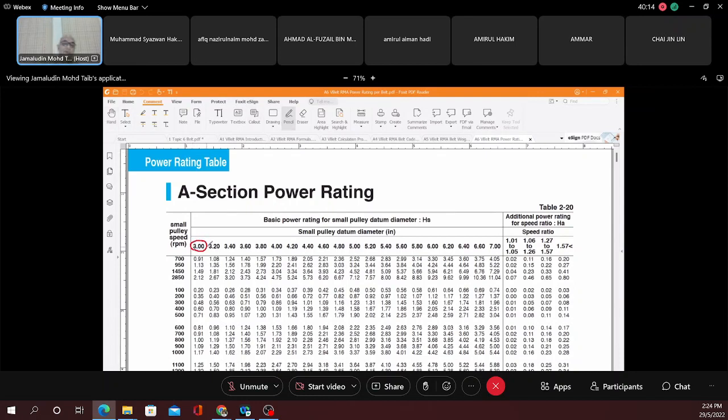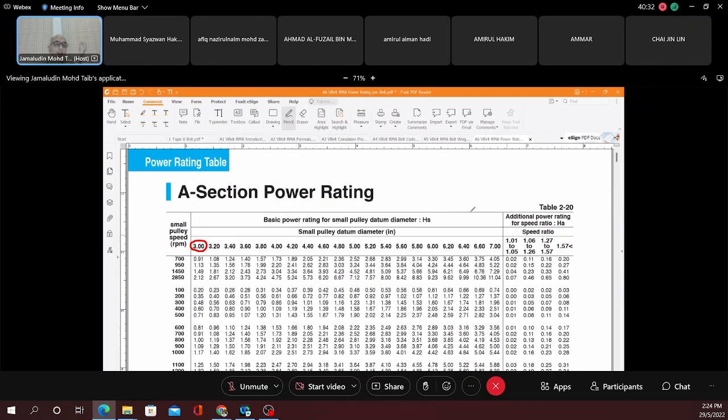That means I cannot have smaller than that. That's one thing you bear in mind. Let's say my belt is A and I'm going to use a 2.5 inch small pulley. You cannot do that because 3 is going to be the minimum, 3 up to 7.